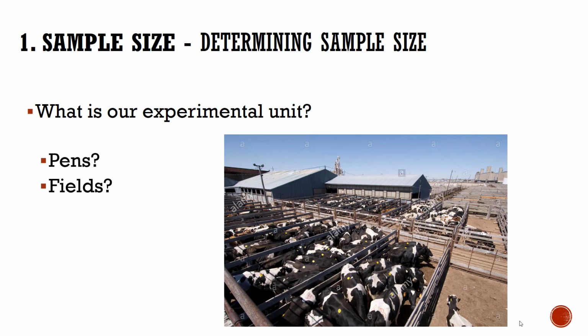For example, if we don't have the ability to have individual feeding records and we have a pen of 8 animals, the diet gets fed to that entire pen, and you don't have the ability to determine that cow ID number 1 ate this many pounds and cow ID number 2 ate this many pounds. You have to actually measure it on a per pen basis rather than an individual head basis.